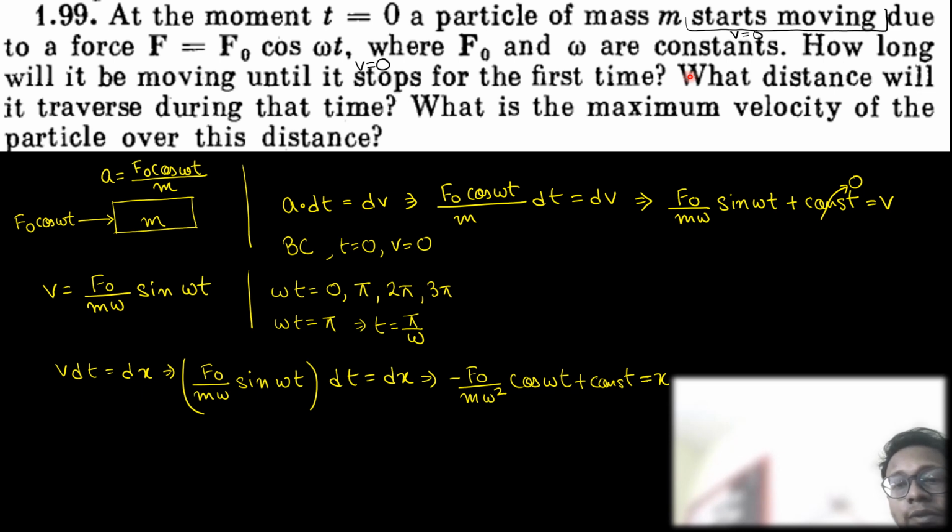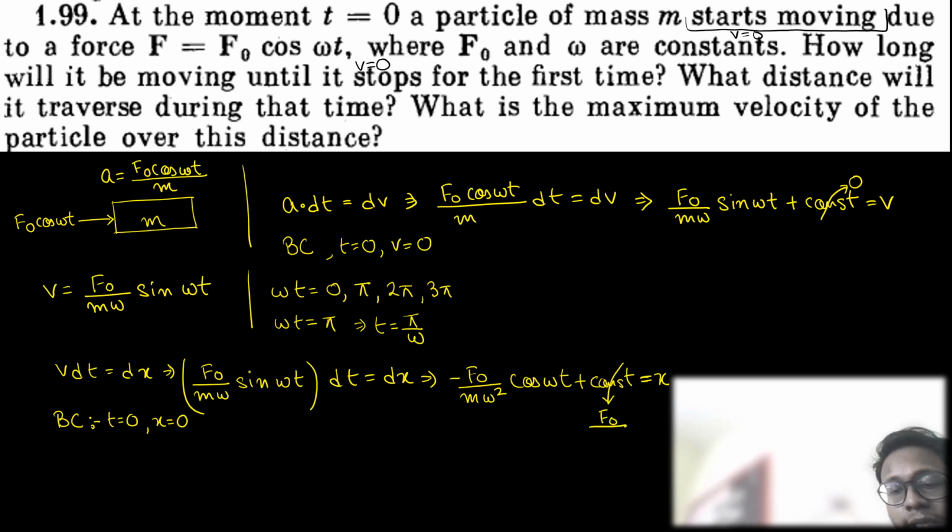Now if you need to find the distance traveled, you have to start at x equal to 0. So the boundary condition here would be at t equal to 0, x is equal to 0. That means at t equal to 0, the particle started at the origin. If you put x equal to 0 and t equal to 0 here, you get the value of the constant as F naught by m omega square.